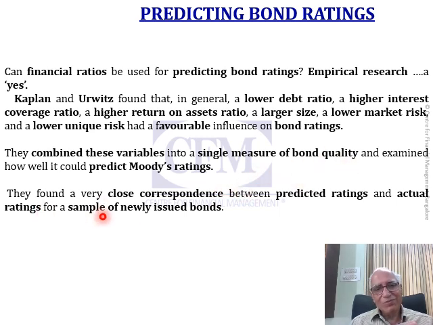They found a very close correspondence between predicted ratings and actual ratings for a sample of newly issued bonds. Similar work has been done in many countries, including India, and the results of such studies suggest that a judicious combination of financial ratios is helpful in predicting bond ratings.